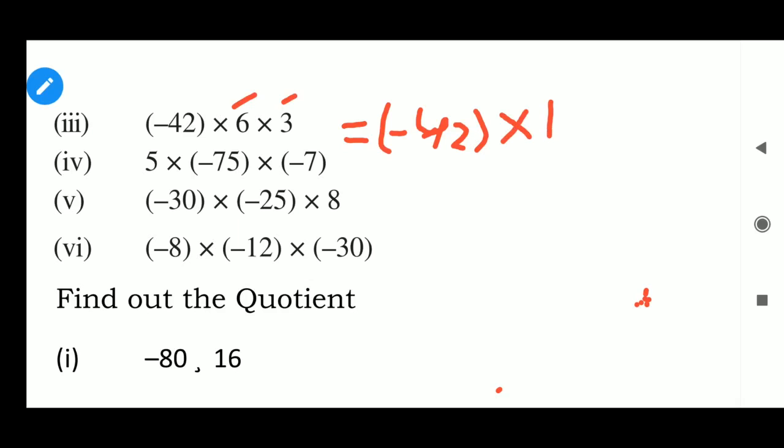You can put here 18. 18 twos are 36, 6 so 3 is carry, and 18 fours are 72 and 3, that is 75, and that answer is with minus sign.